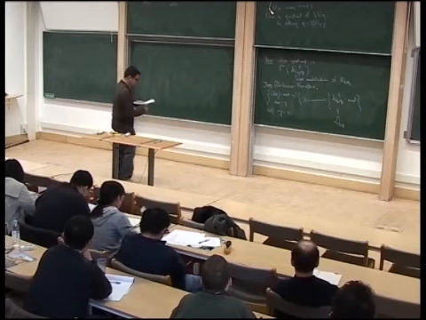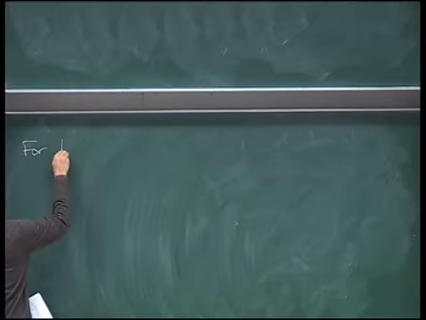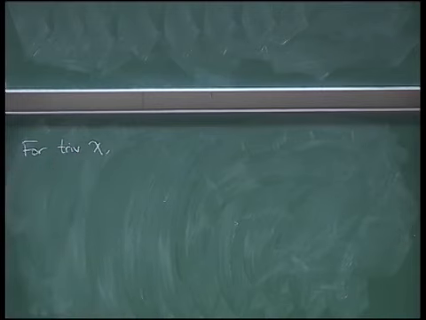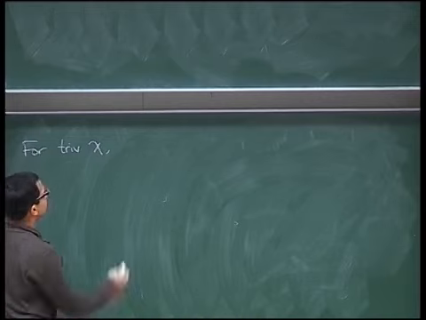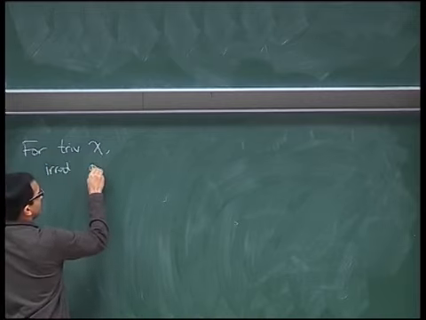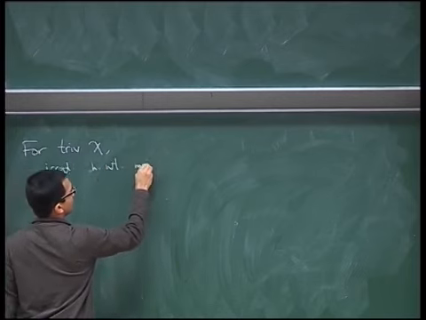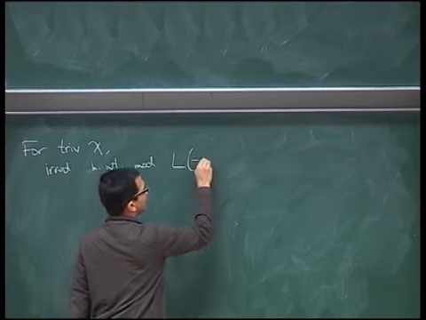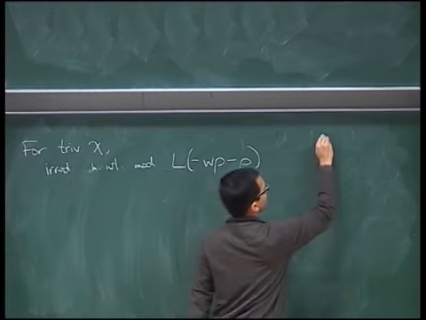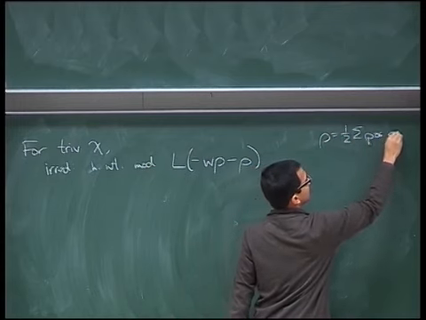Okay, so for the trivial central character, the modules that come up, the irreducibles, are the highest weight modules of this form, L of minus w rho minus rho. So rho, as usual, is the half sum of the positive roots.